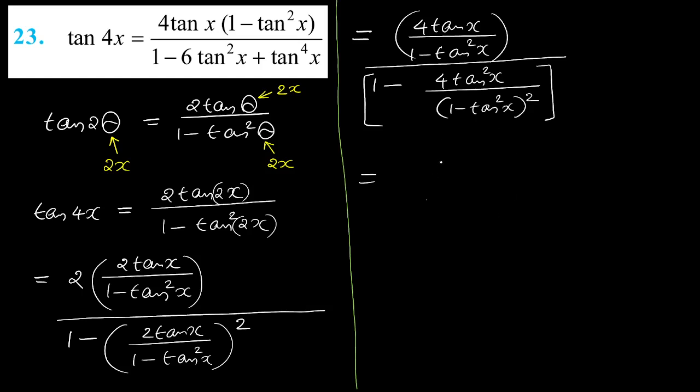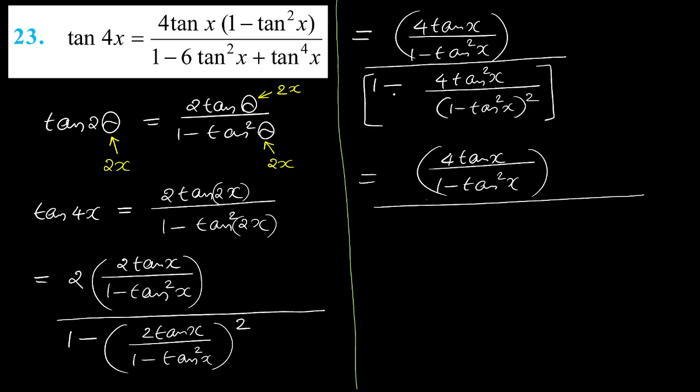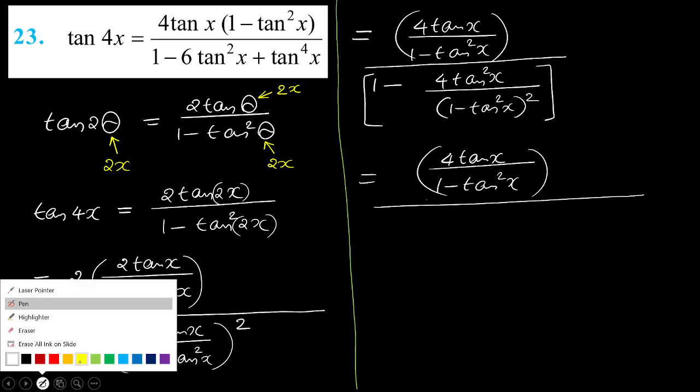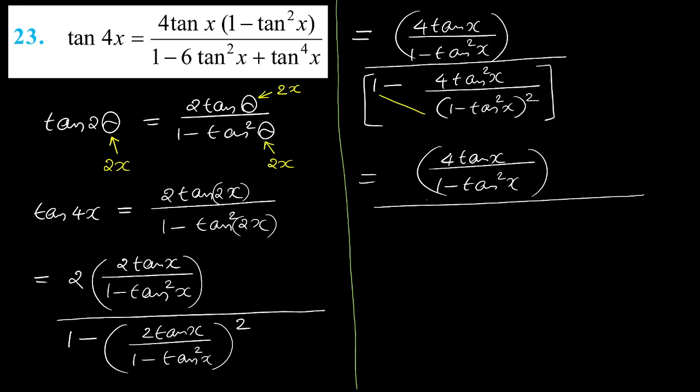So numerator is 4 tan x divided by 1 minus tan square x, all divided by. Then here the denominator, can I do like this? 1 into this, clear, 1 minus the fraction.